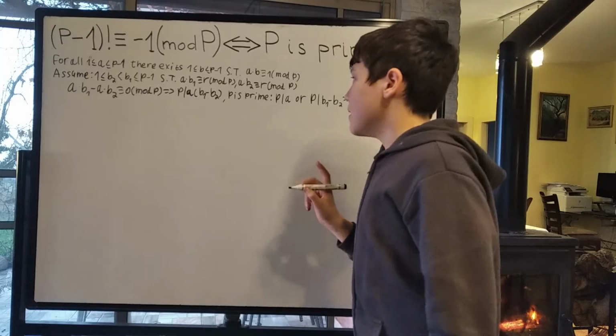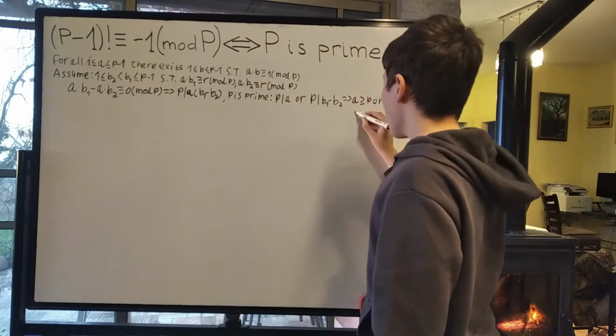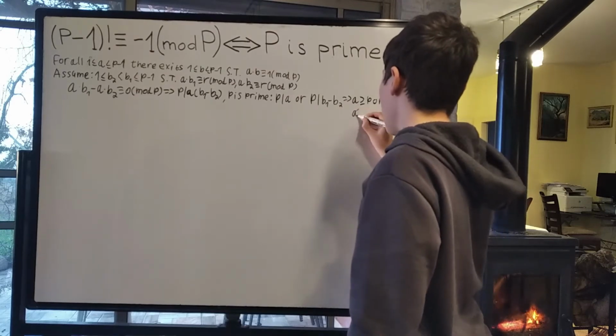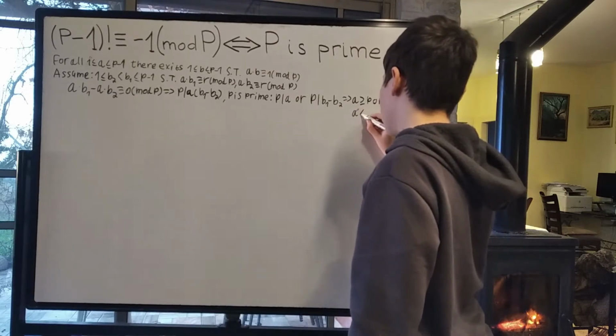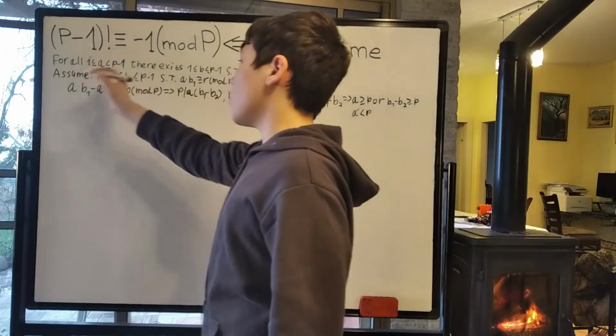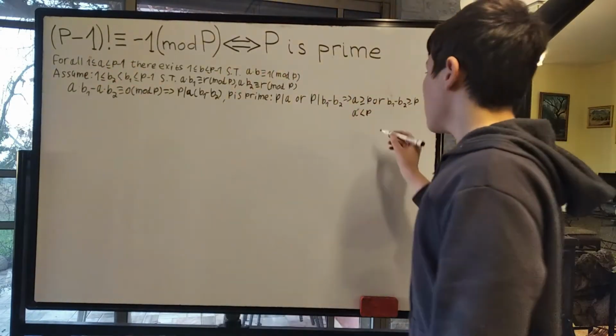Now, let's look at this. We know that a is smaller than p. We define it as between 1 and p − 1.